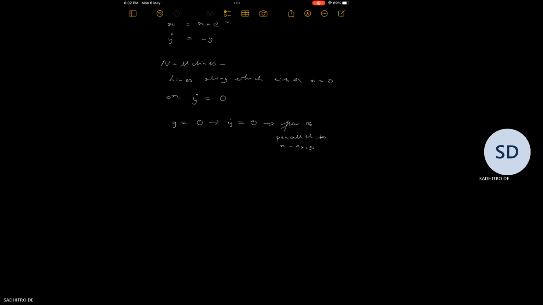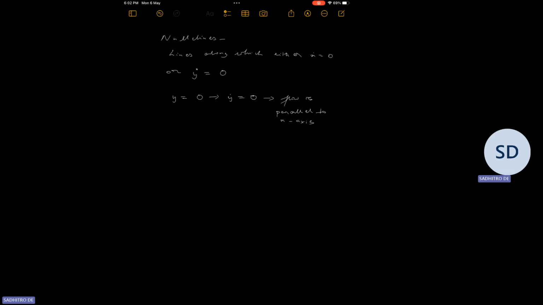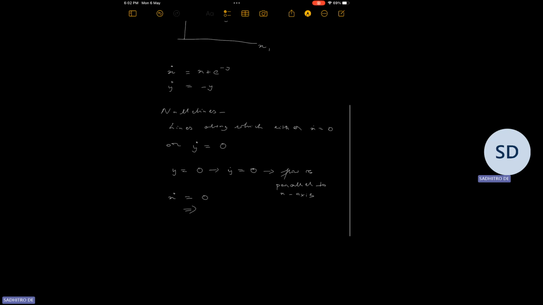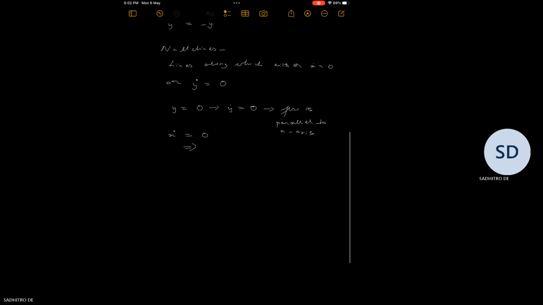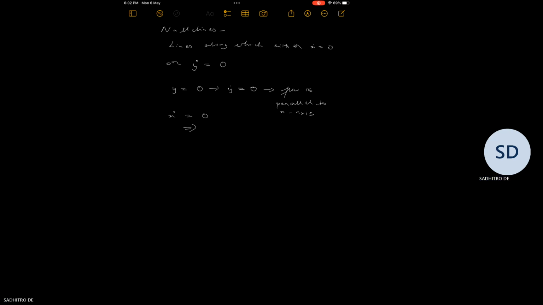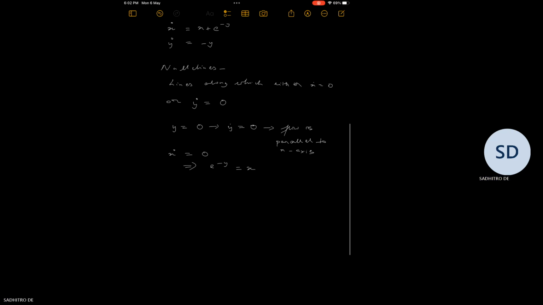Okay, and the other null plane is given by x dot equal to 0, which basically implies that e to the power minus y equal to minus x.